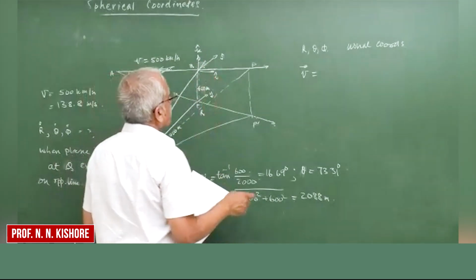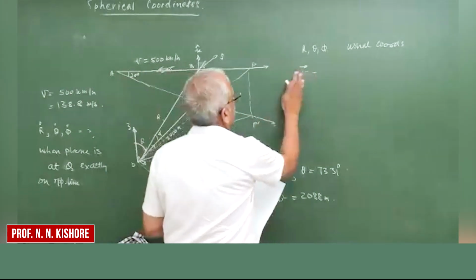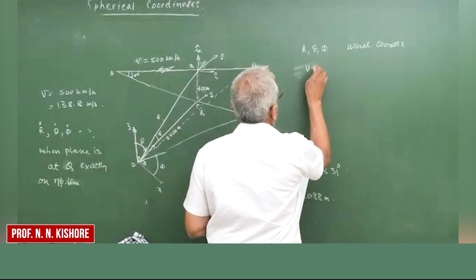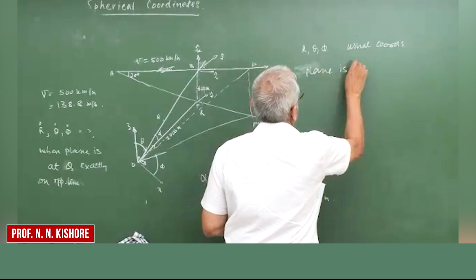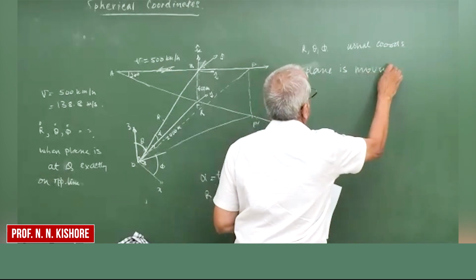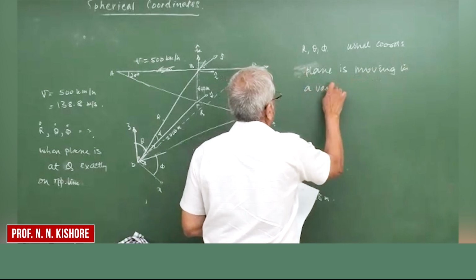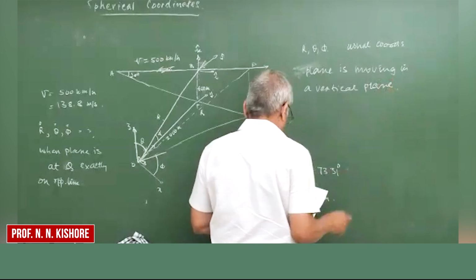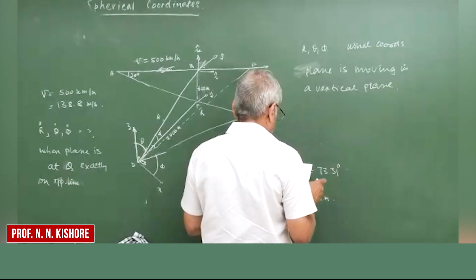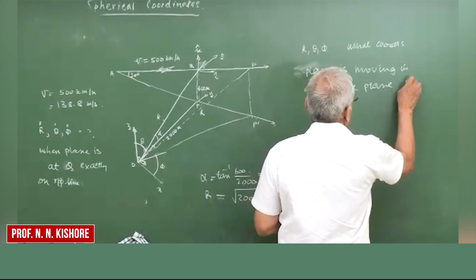So essentially the velocity here, the plane is moving in a vertical plane. If you take that vertical plane, the vertical plane here is the xz plane.